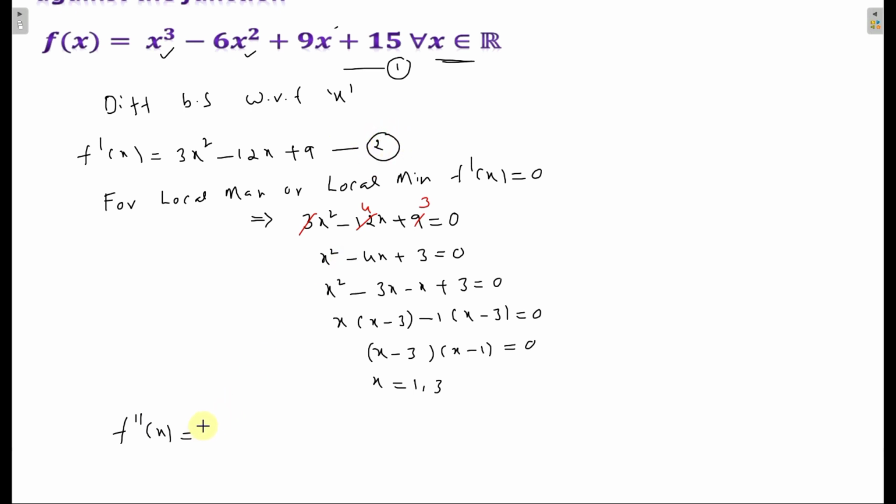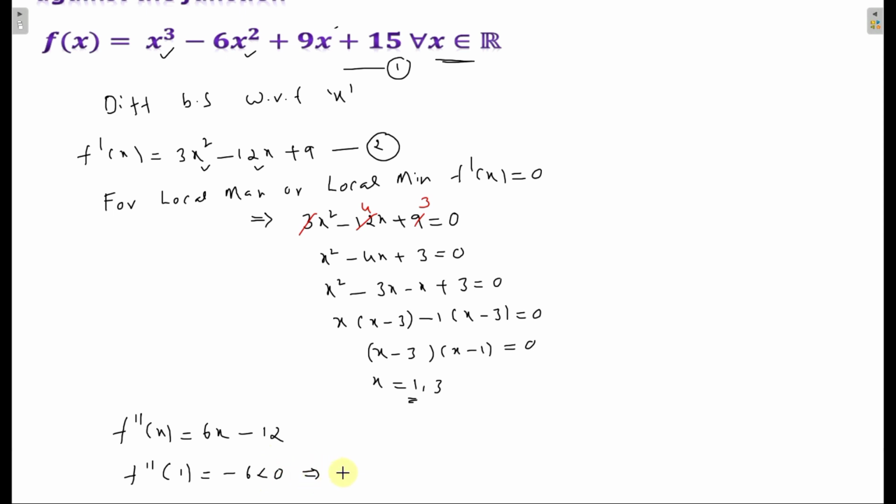So x square derivative is 2x into 3 is 6x, minus 12 constant, x derivative is 1 into 12 is minus 12. 9 derivative is 0. Now find out f double dash 1 value first. F double dash 1 is equal to 6 into 1 is 6 minus 12 is minus 6. This is less than 0.